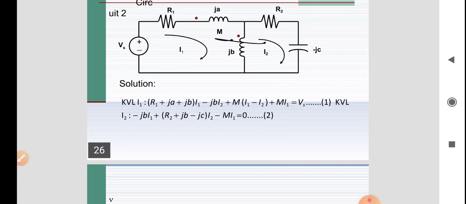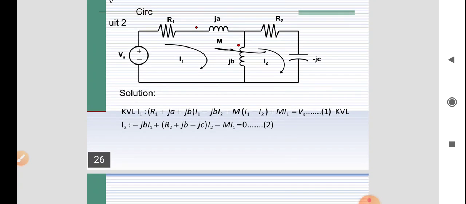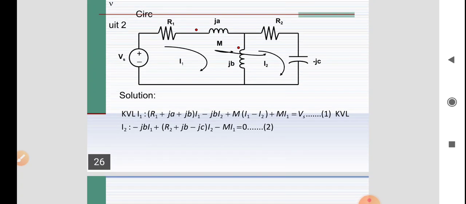Similarly, if we observe here, we have two dots, one in between loops 1 and 2 and the other in loop 1. Whenever we write the mutual inductance for the first dot, we need to see the current in the opposite dot. So I want to write the expression for the first dot.